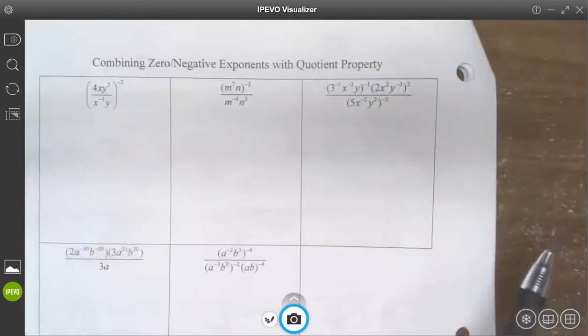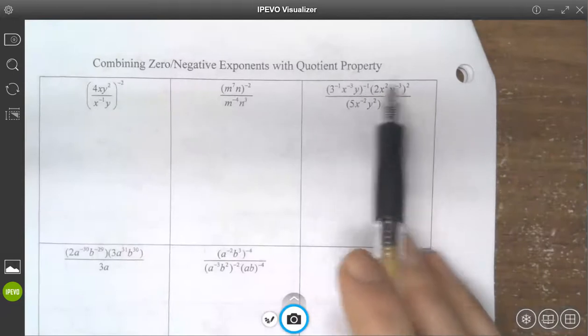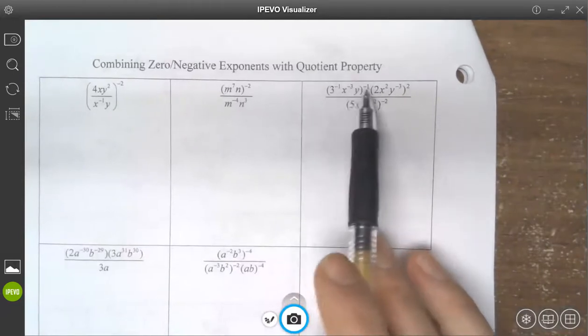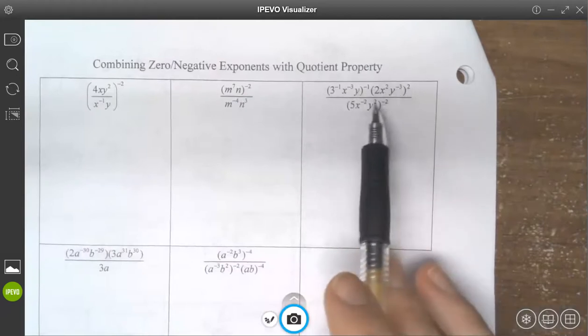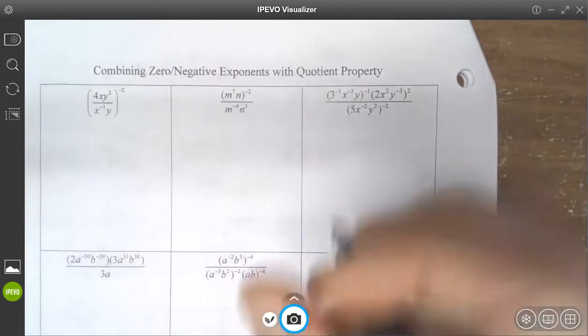When you get to a problem like this, first, anywhere you have parentheses, we need to deal with that. So I'm going to distribute in this, or bring in this -1 here to exponent of 2 here, following properties of exponents really carefully.